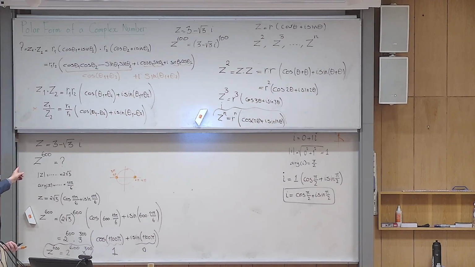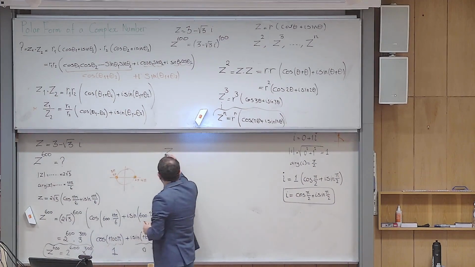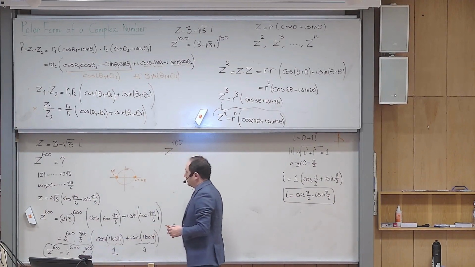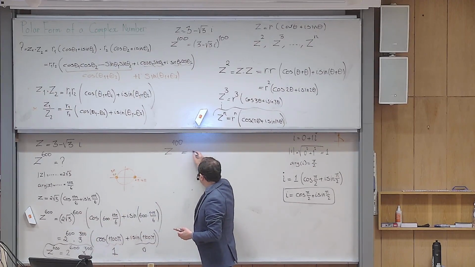But the reason that I changed it from 100 to 600 is because it involves a little bit of trigonometry. For example, if I ask you what is z to the power 100, then what happens? Instead of raising this number to the power 600, it becomes this number to the power 100.